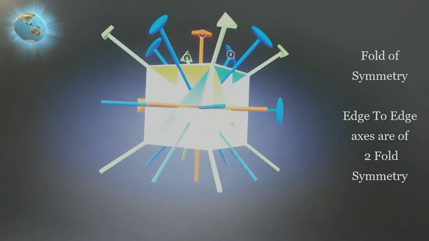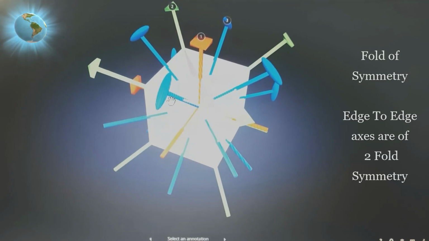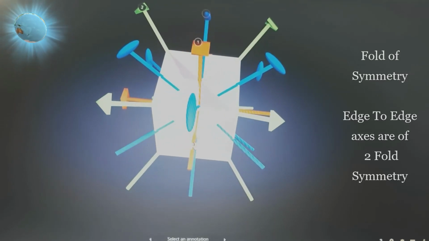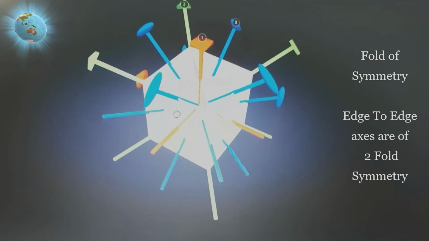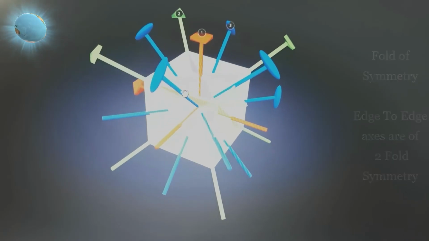Now what you are going to do? This is the axis going down. So if you rotate the model along this axis, you can see this square shaped face 1, and if you rotate, this face will appear here. So you can see only 2 faces, this face and this face. So that's why the axes which are running from edge to edge, or center of the edge to center of the edge, are all two-fold symmetry.